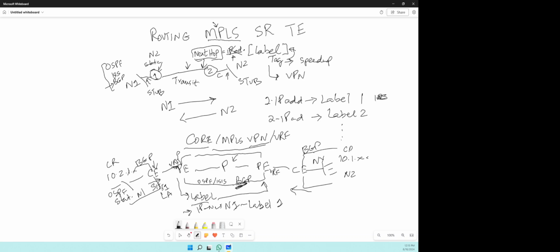So he uses this loopback address for P, saying, okay, if you want to come to the loopback address of PE1, PE2, and I'm oversimplifying, use label 11. So now he passes this label to the P, and now he knows that to get to N1, he's got to use label 11.